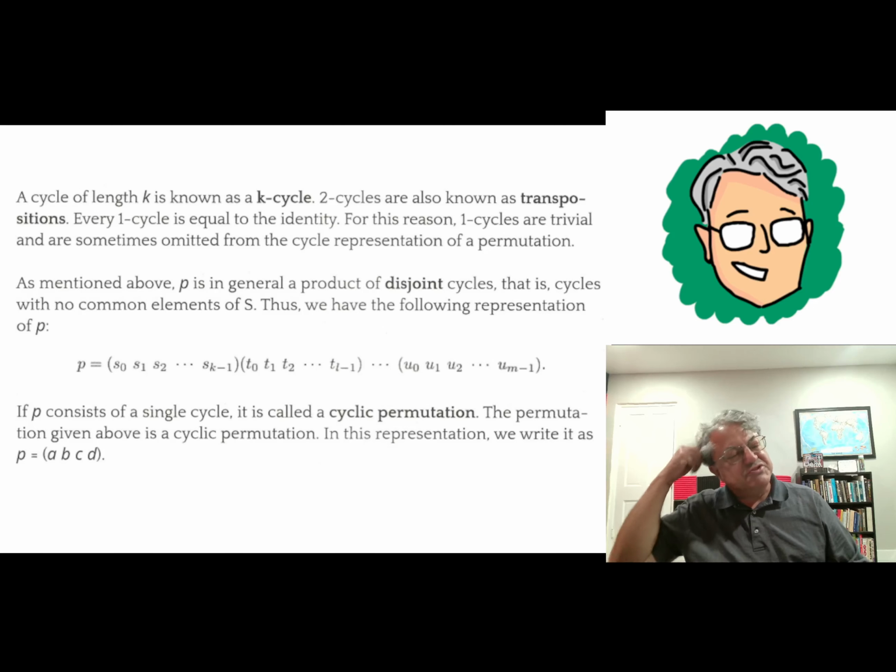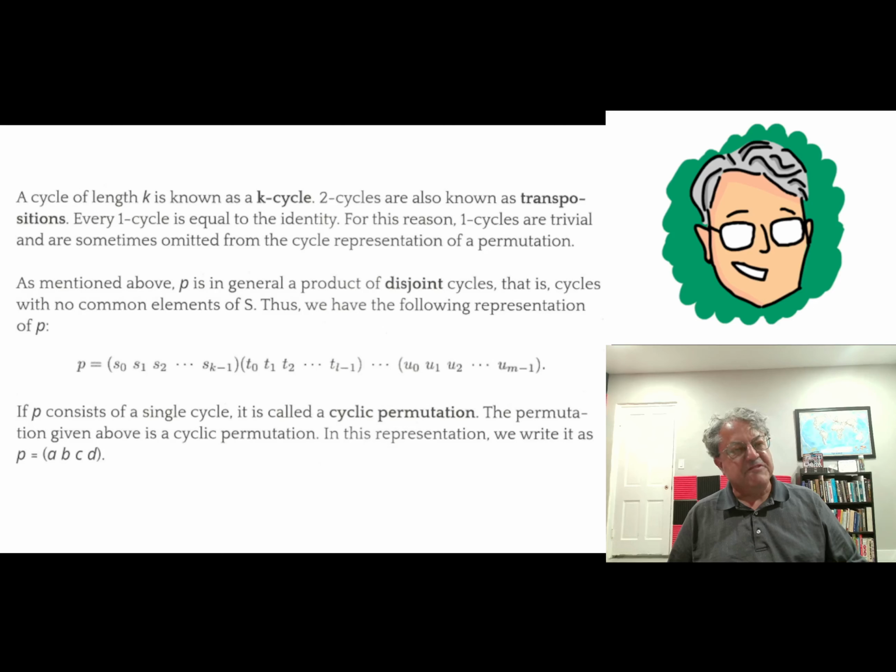So we would have S sub 0, S sub 1, up to S sub K minus 1. That would be your first cycle. And then I start using different letters: T sub 0, T sub 1, up to T sub L minus 1, and so on. In general, you're going to get some finite number of cycles, and you keep going until you've used up all the elements.